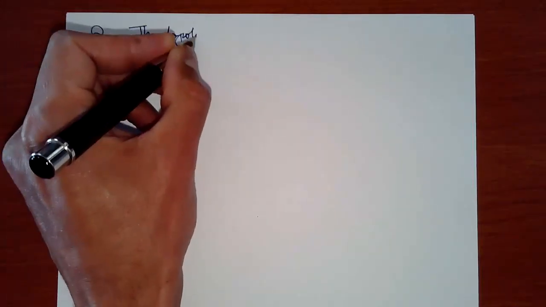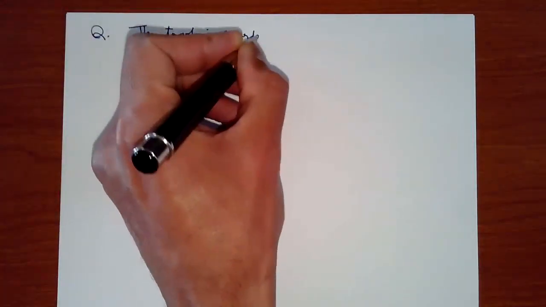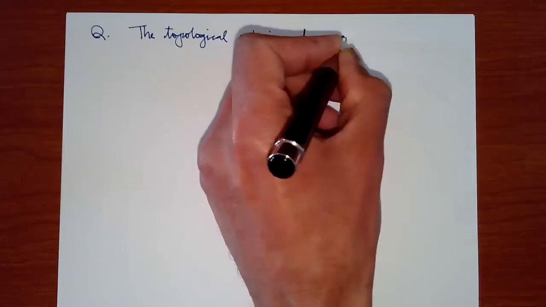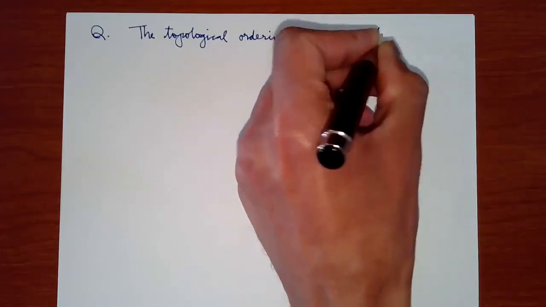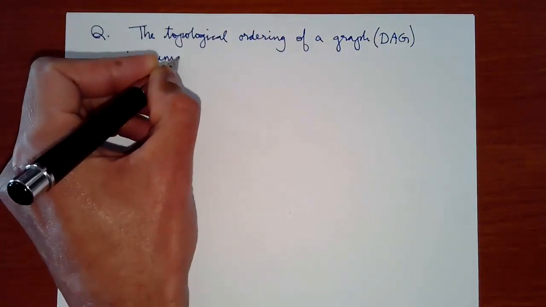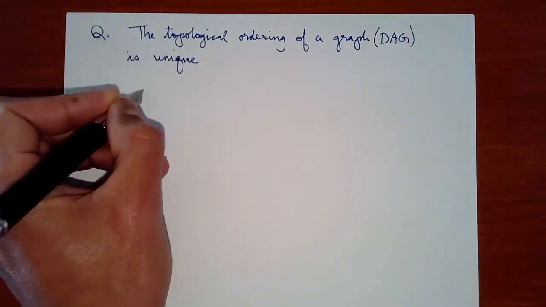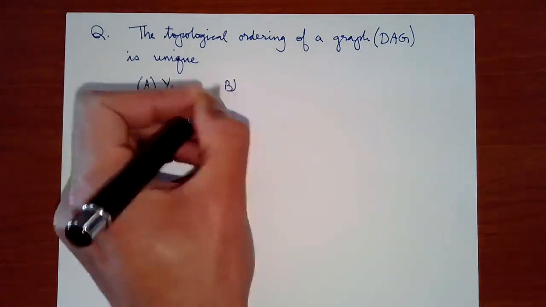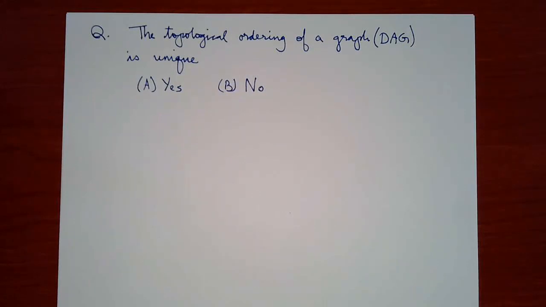The topological ordering of a graph, that is of a DAG, is unique. A is yes, B is no.